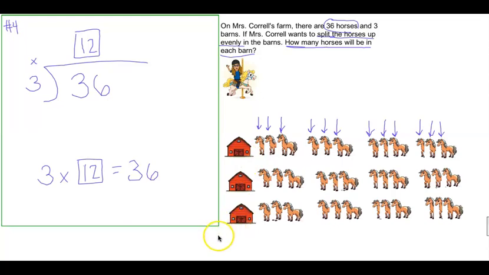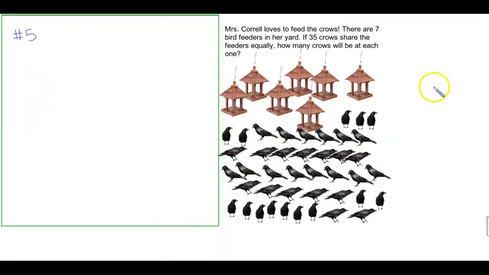Okay, now I'm going to set you loose and let you give it a shot and see if you can figure out the next one. Mrs. Carell loves to feed the crows. There are 7 bird feeders in her yard. If 35 crows share the feeders equally, how many crows will be at each one? Think about it now. What are we splitting up?